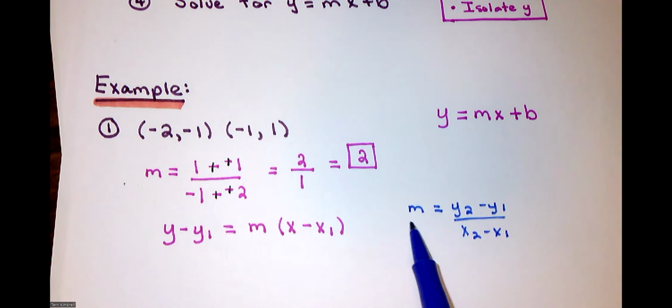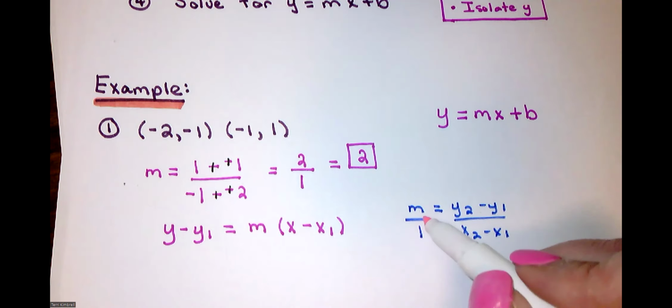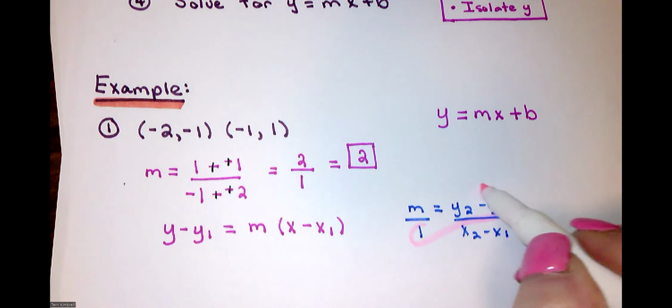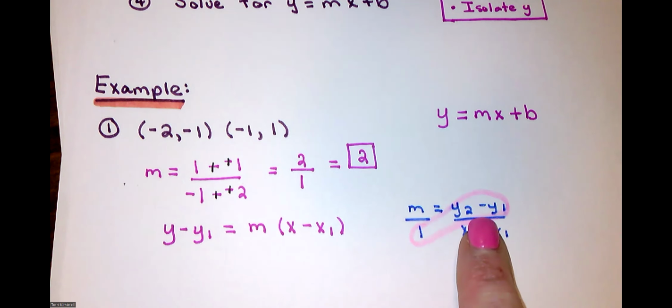If you remember, when we put a 1 up under this and we cross multiplied, when you multiply by 1, you would just get that back, y2 minus y1. And then when you cross multiply the other side, you'll see your m is multiplied to your x's.